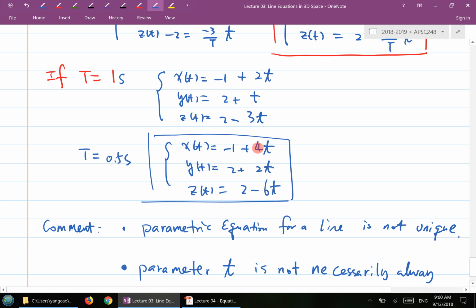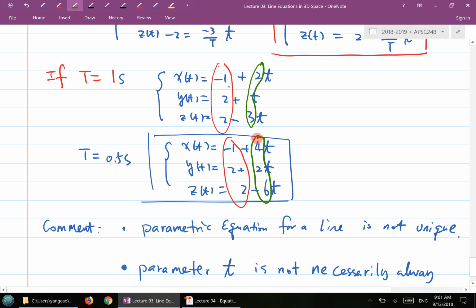For now, I want you to observe a little, comparing these two equations. What are the common things between the two equations? Here and here. What are the different things? The coefficients.